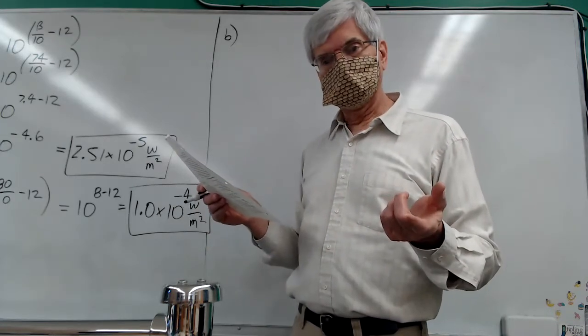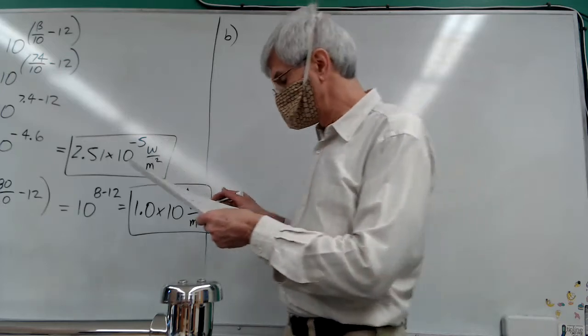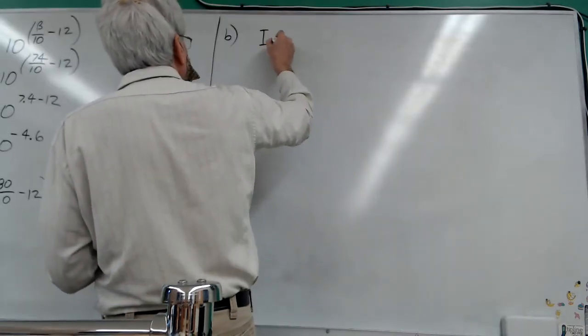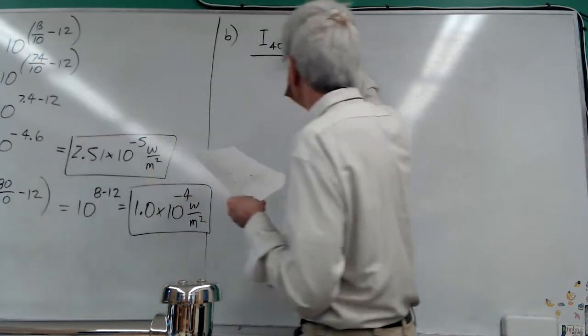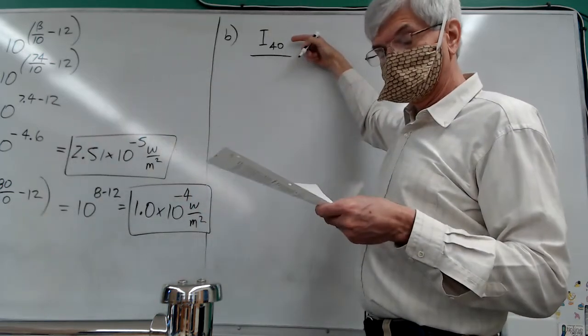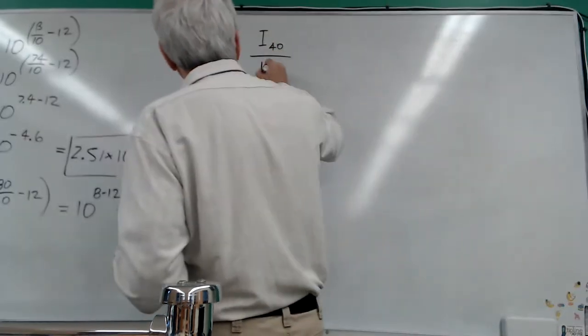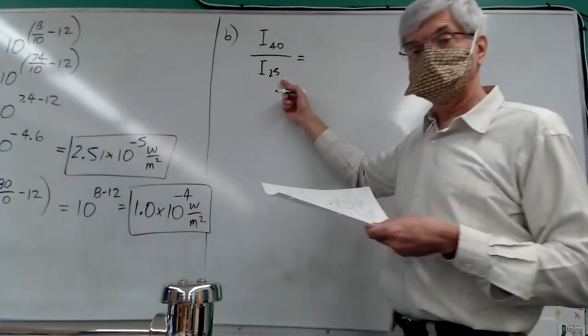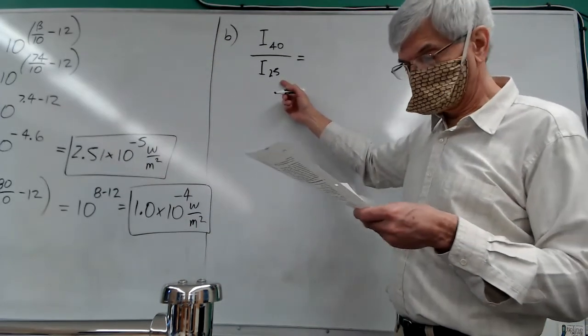But maybe to make it a little harder to mix things up, why don't I call them I40, as in the intensity 40 meters away, and I25, the intensity 25 meters away.